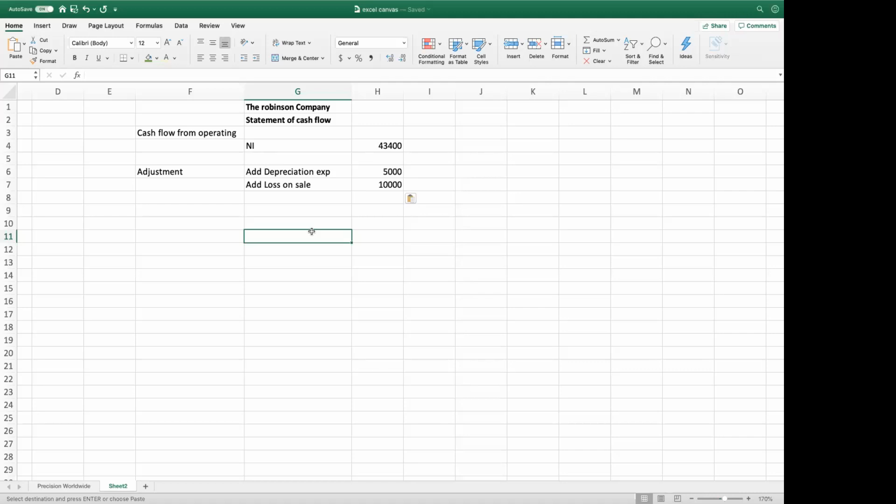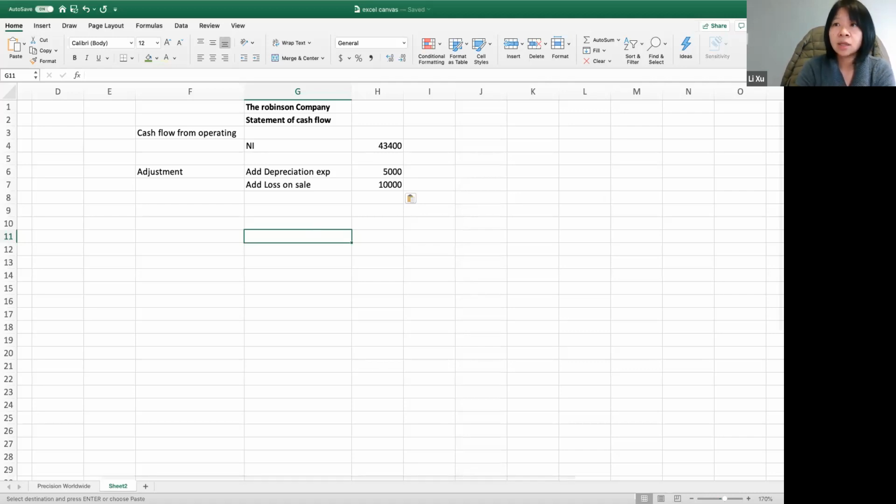Okay, so now let's look at the current assets. In this question, there are three non-cash current assets. We have accounts receivable, inventory, and prepaid expenses. So these are the three items we need to consider. Just remember, if you have an increase in current assets, you need to subtract, and if you have a decrease in current assets, you're going to add.